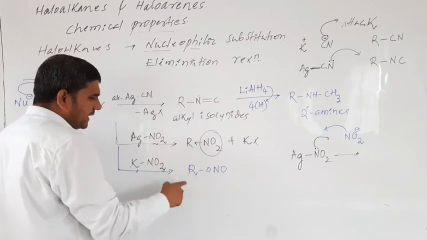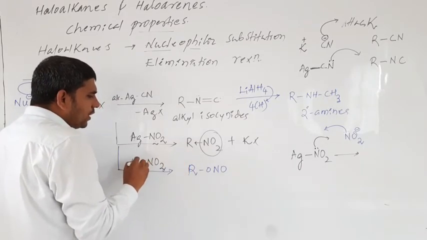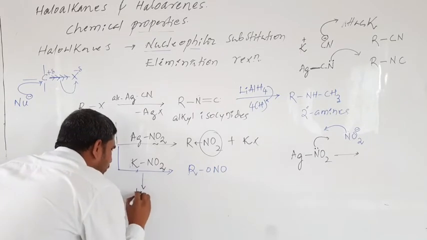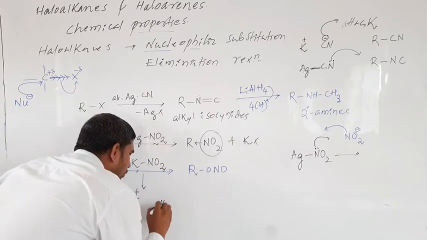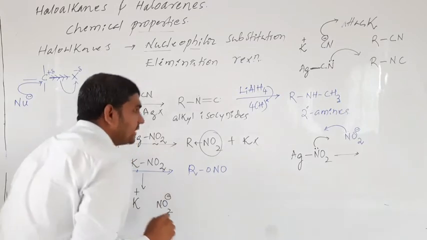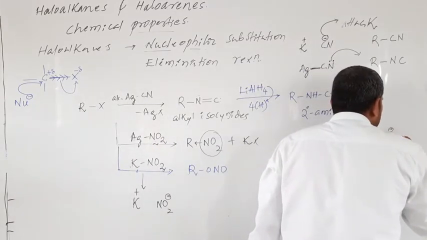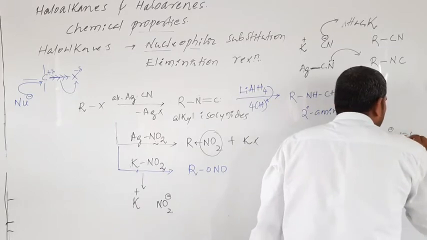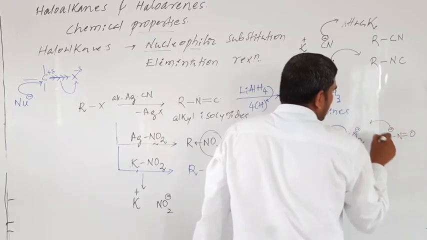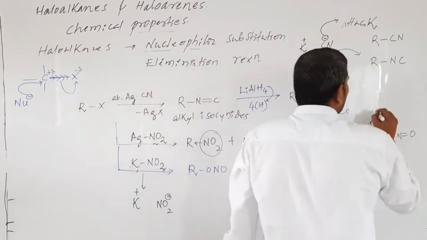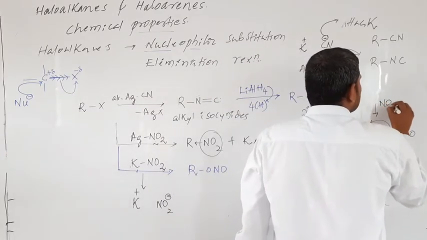But in case of KNO2, due to ionic bonding, KNO2 dissociates completely into K plus and NO2 minus. This NO2 minus is nothing but O minus and NO, like this. The attack takes place through oxygen. NO2 minus is a nucleophile.